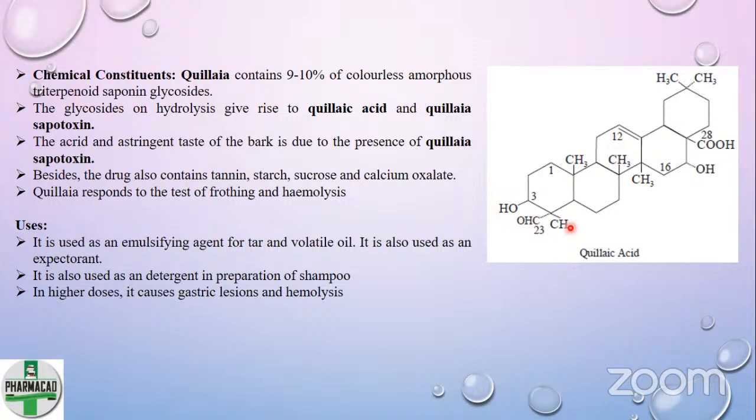Now, its uses: it is used as an emulsifying agent for tar and volatile oil, also used as an expectorant, and as a detergent in preparation of shampoo. It can cause gastric irritation in higher doses. Okay, so that's it about Quillaja, and we have also completed the saponin glycosides.